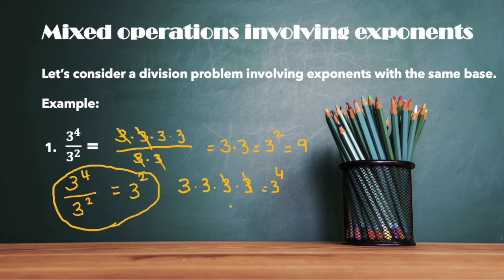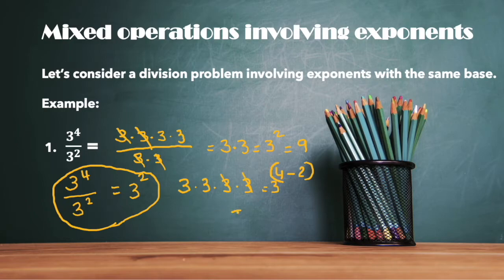So where do we show the subtraction? We cannot show the subtraction to its base because this is not addition. This is repeated multiplication. So we have to show this subtraction to the exponents, to the exponent part. So we took away 2, 3 multiplied by itself 2 times, that is an exponent 2 from exponent 4.